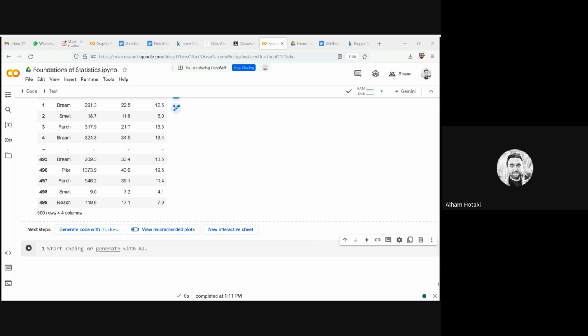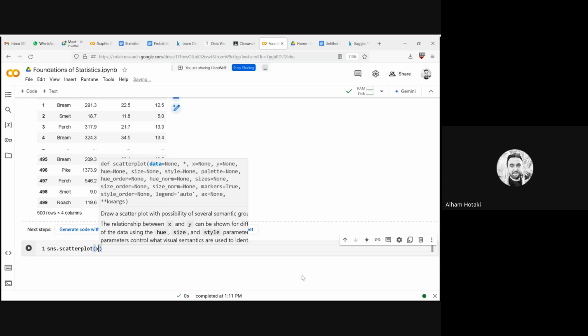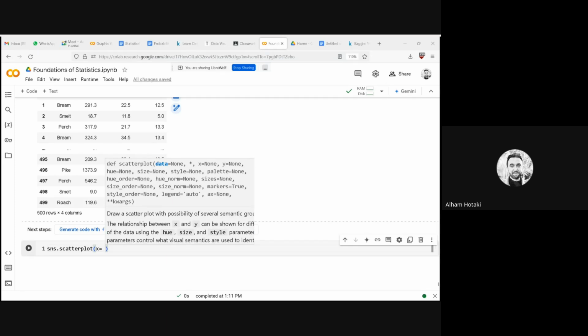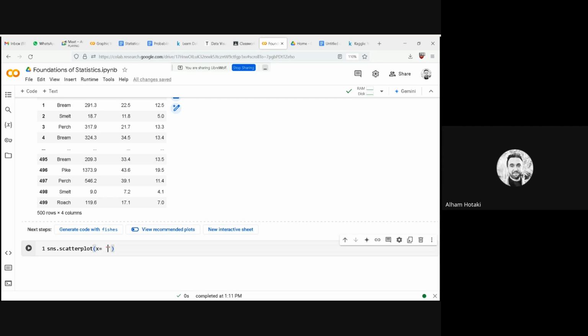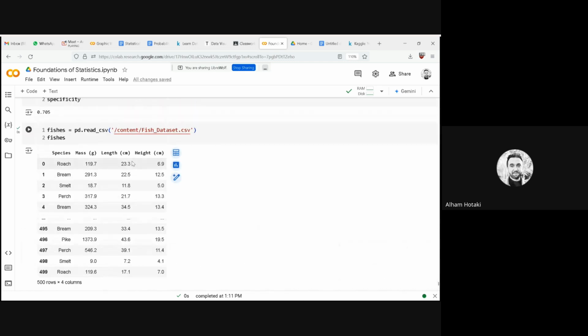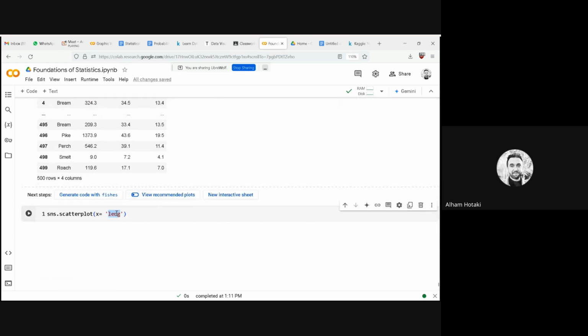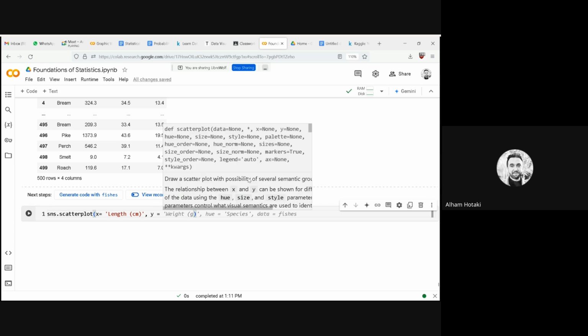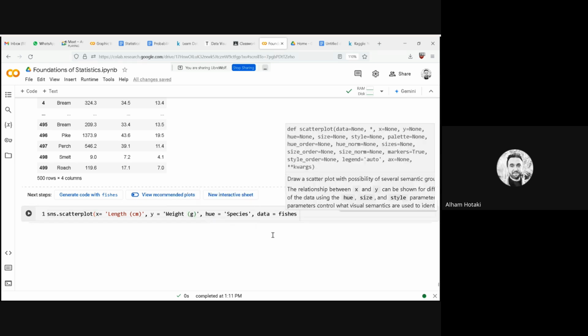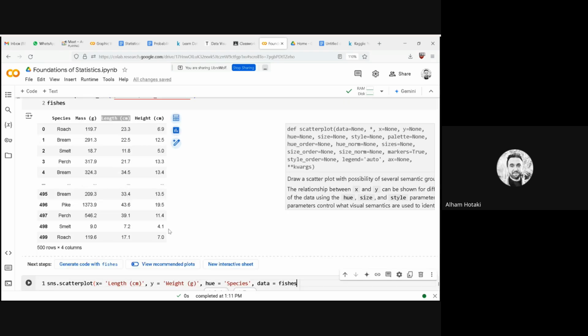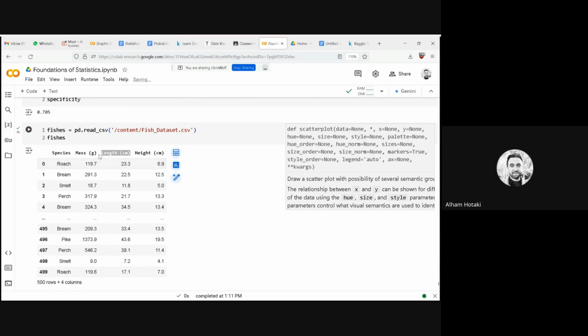For example, if you want to visualize this, a scatter plot. And then the x would be the length of it, and the y will be the height, and the hue will be not species but the mass.